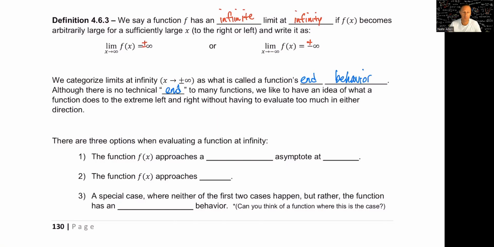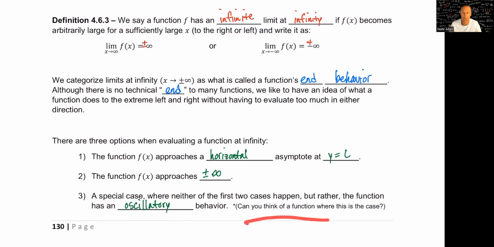So there are basically three different things that can happen in those extreme ends, we call them. Our y value approaches a horizontal asymptote at that limit. It approaches positive or negative infinity, or there's even a special case that happens every once in a while. It does neither of those things and oscillates from one to the next.